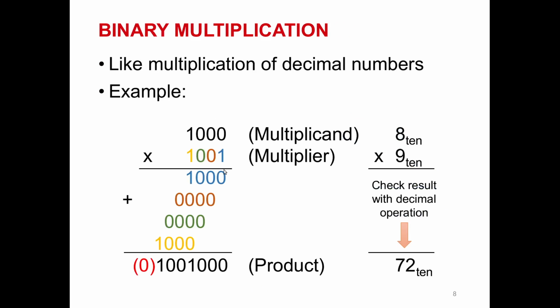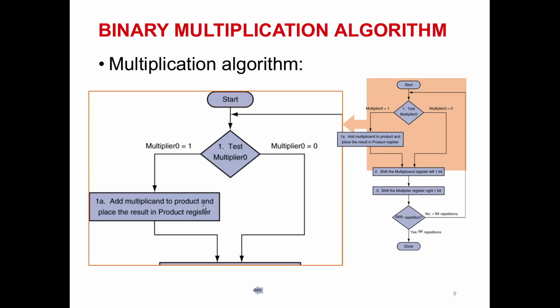If the result is 1, in this case you need to add the multiplicand to the product. If it is 0, you add nothing to the product.